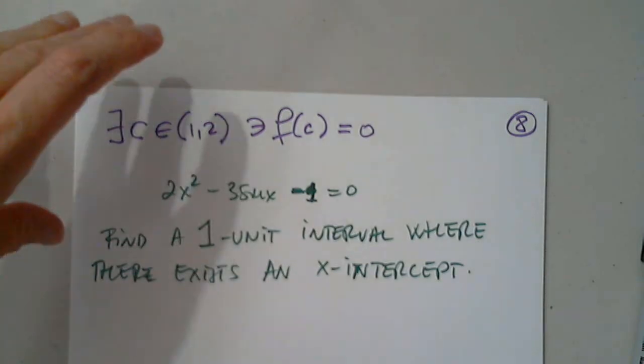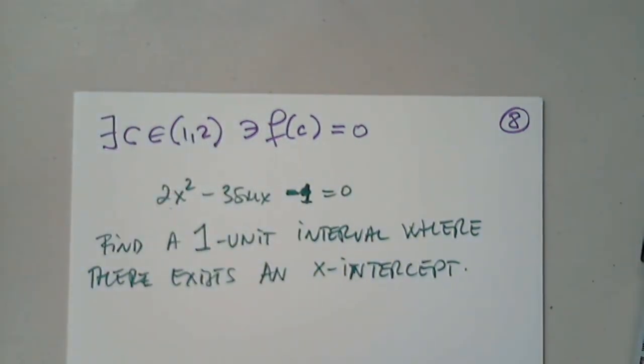The reason why I wanted to make one up is because the book gives us the interval for all situations. And let's say we don't have an interval. They're not giving us an interval this time.